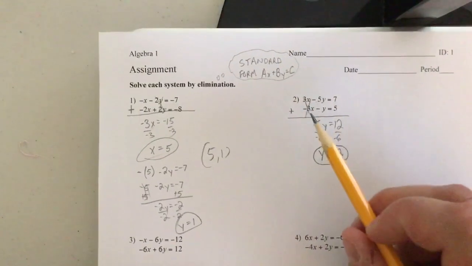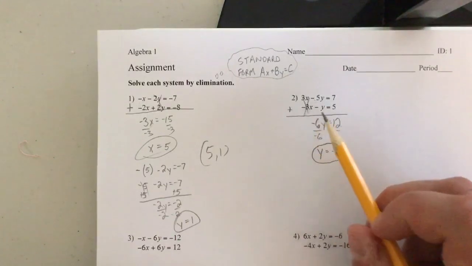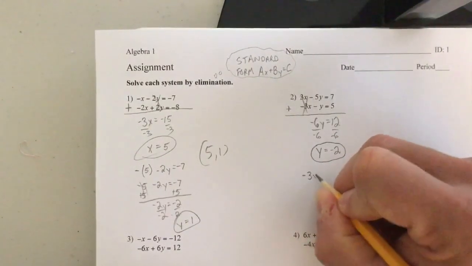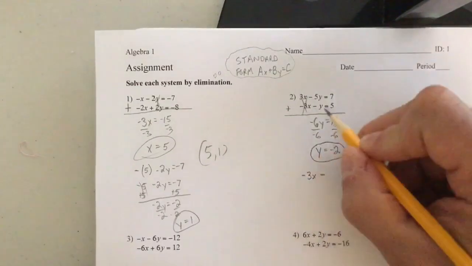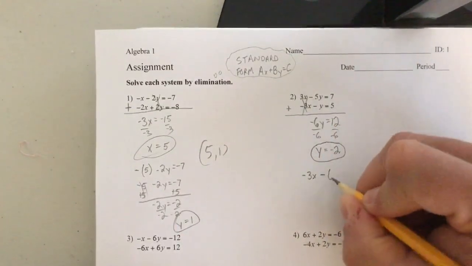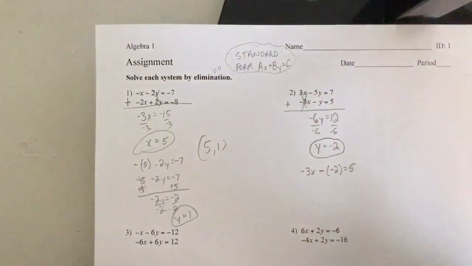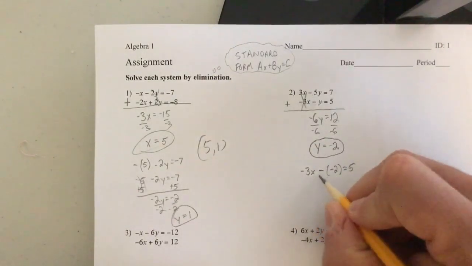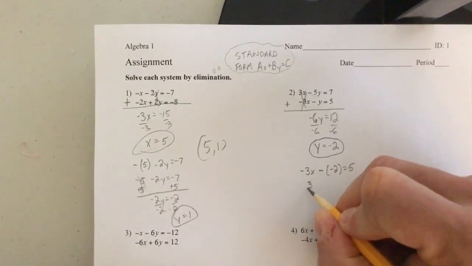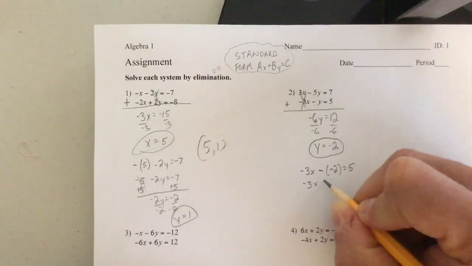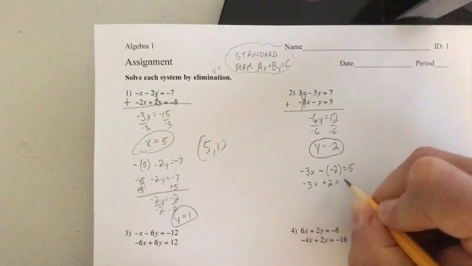Plug that into whichever equation you want. Personally, I think the second equation looks a little easier. So I'm going to rewrite this. Negative 3x minus, where I see the y, I'm going to substitute negative 2, so that's minus negative 2 equals 5. Negative 3x minus a negative is the same as plus positive 2 equals 5.